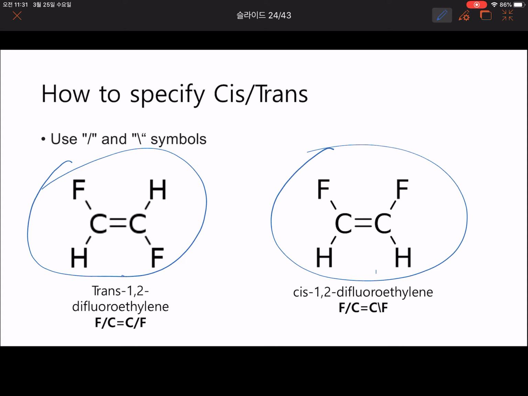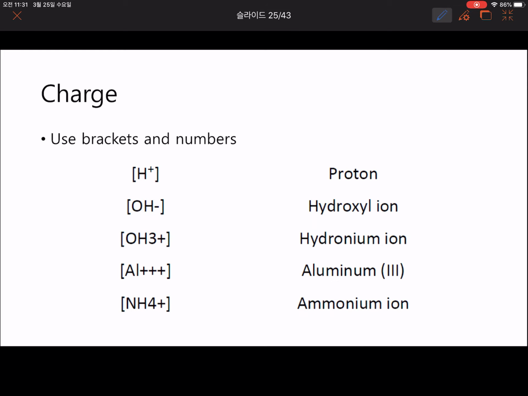The trans is represented with these two slashes, and the cis molecule is represented with this slash and this backslash, two different slashes. So if they are the same direction, the same slashes, then they are trans. If they are different, then they are cis molecules.